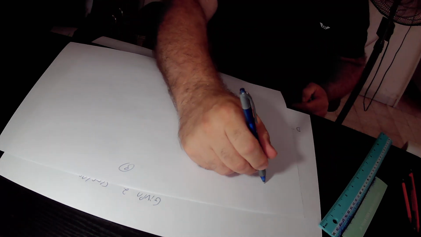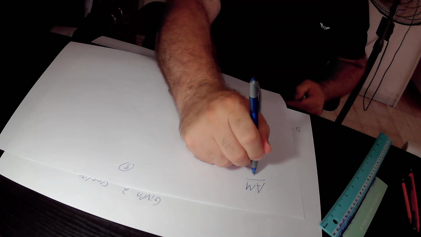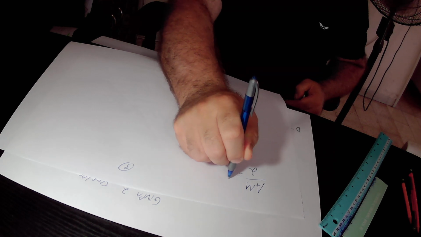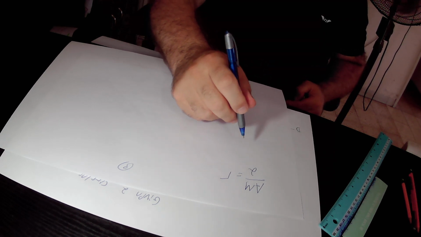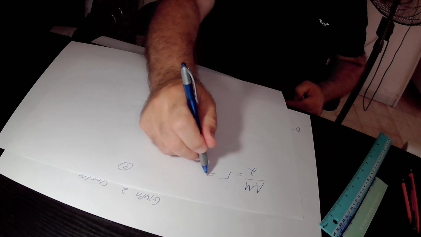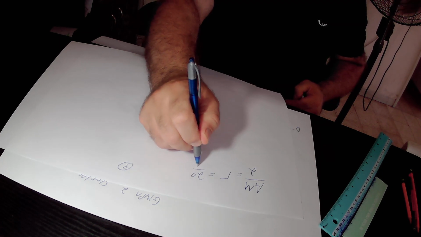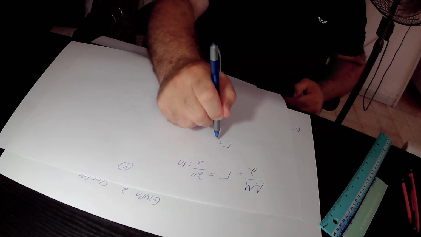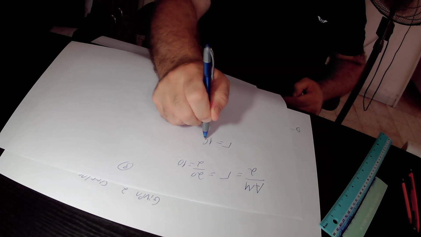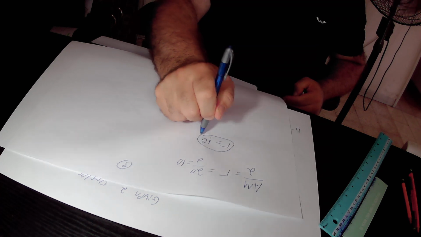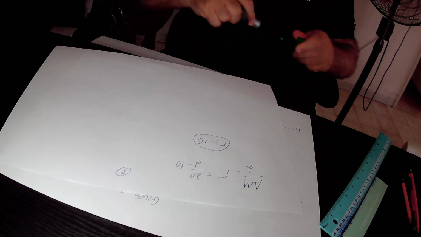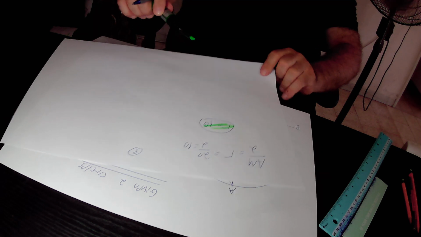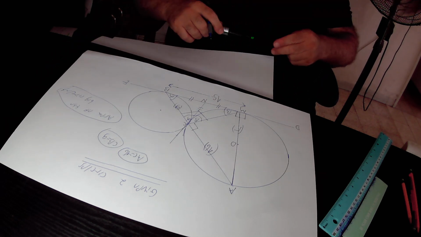So the diameter AM over 2 is the radius of the big circle. AM is 20, 20 over 2 is 10. So we found out that the radius of the big circle is equal to 10 units in length. Our mission is to find the area of this big circle.